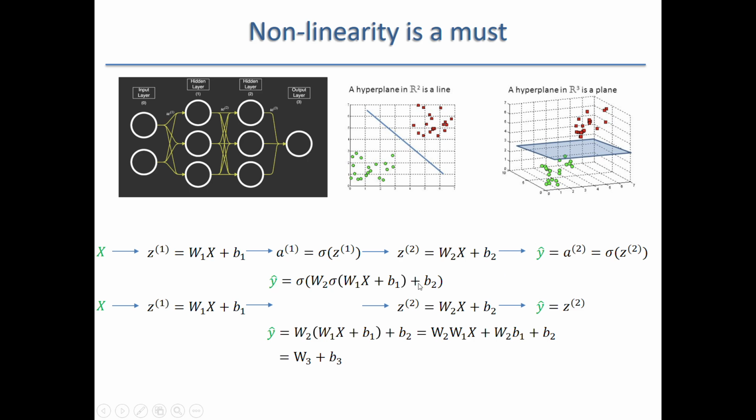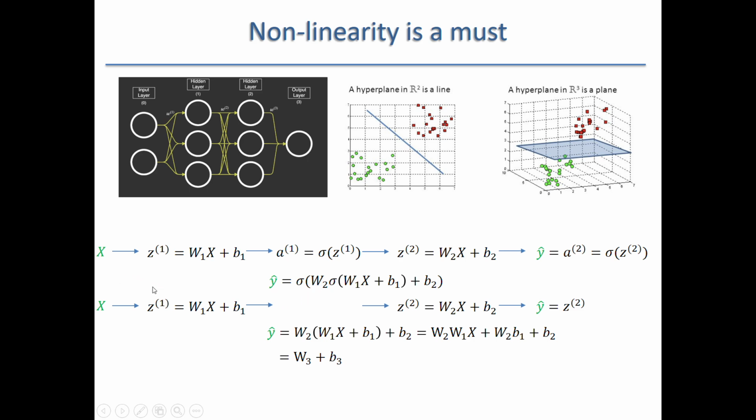Okay, so if you compose everything together, you have the input multiplied by a matrix, adding a bias, going through the non-linear function, multiplied by a matrix, adding the bias, going through the non-linear function, and if you had more layers, you would have the same sequence.